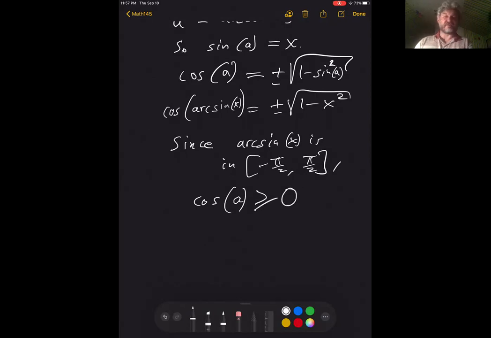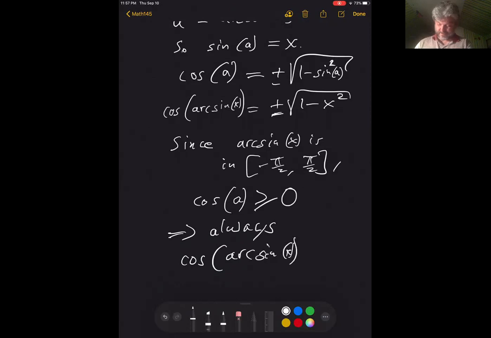And therefore, in that plus or minus equality up there, we actually always get the plus sign. Always the plus sign, but the whole thing is only legal for x between negative 1 and 1, of course.